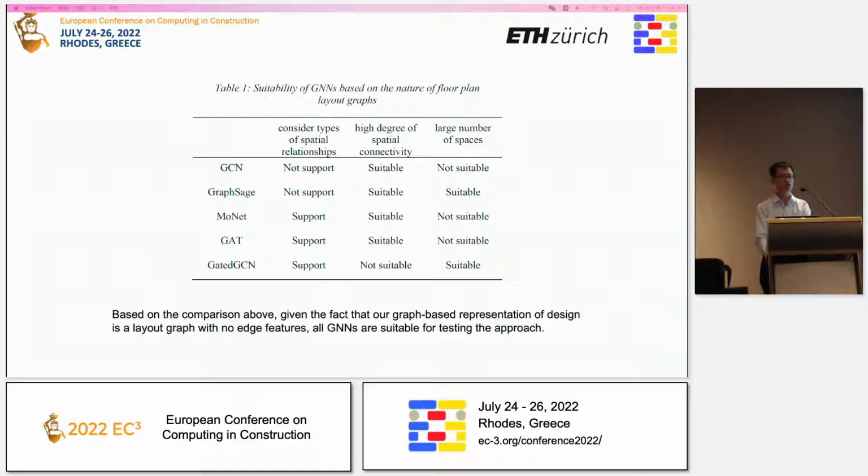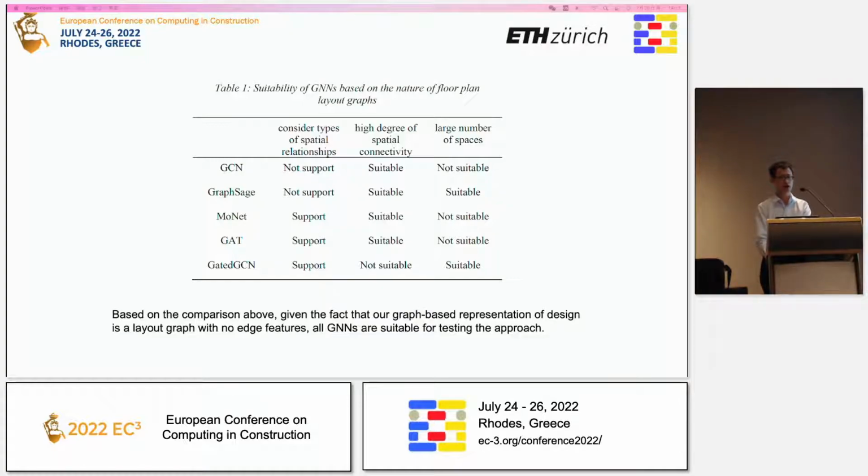Here the edge properties refer to the types of spatial relationship, as I mentioned before, these can be different connection types. And the vanilla graph convolutional networks, the GCN and GraphSAGE, have been studied and do not support the edge. So edge properties are not used for the message passing process. So they are not perfectly suitable for these scenarios.